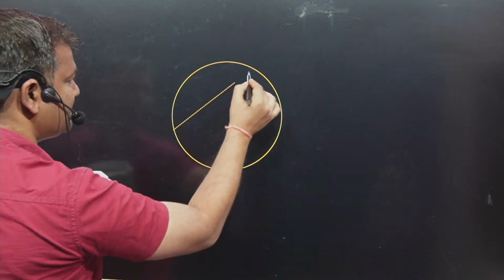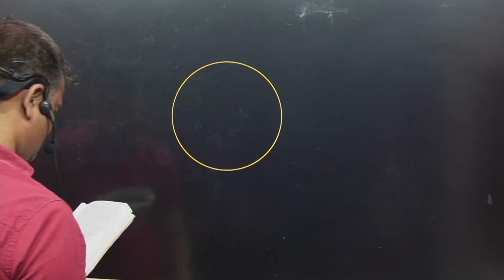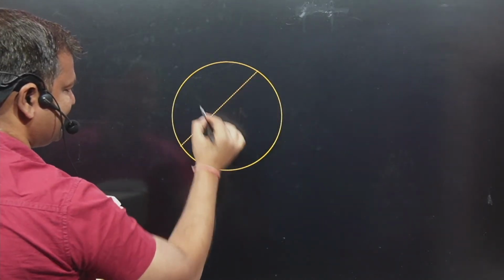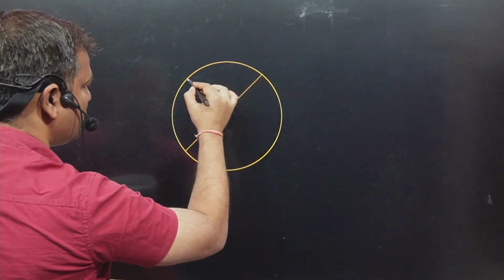Next problem is, O is the center of the circle.